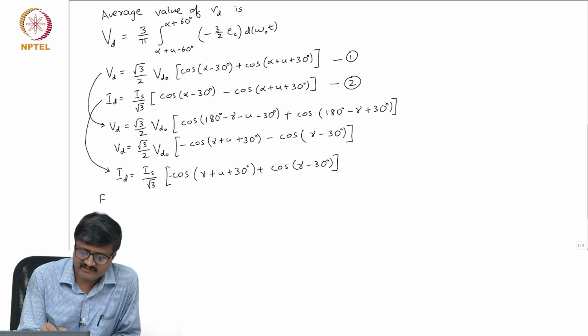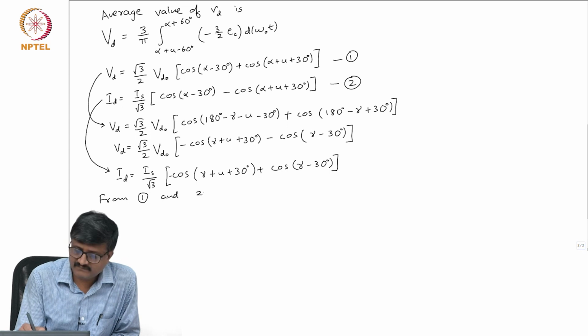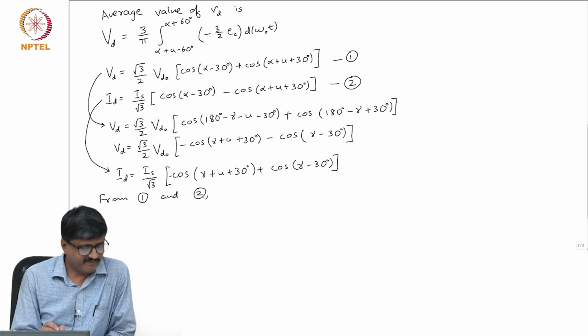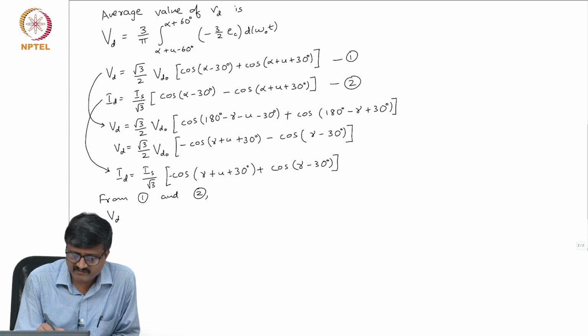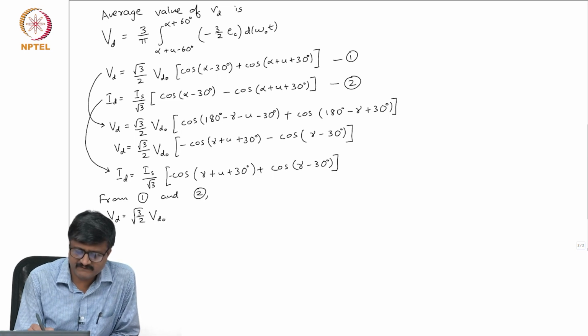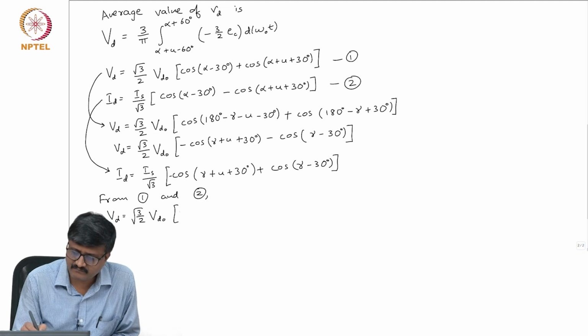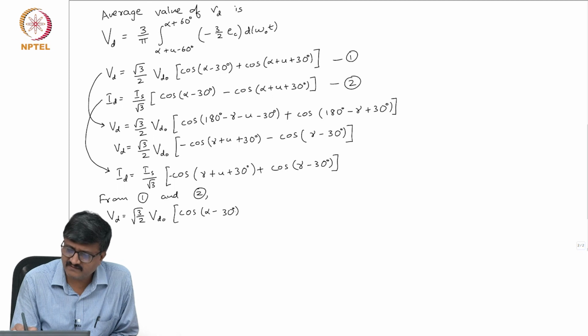So, I use this 1 and 2 to get one more equation, that is Vd is equal to root 3 by 2 Vdo cos alpha minus 30 degrees.